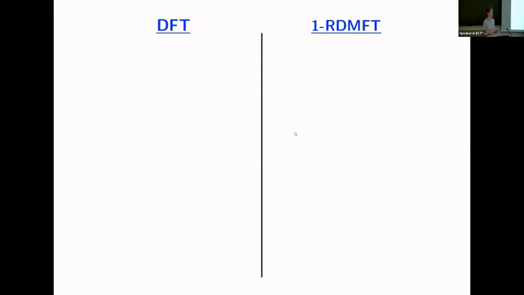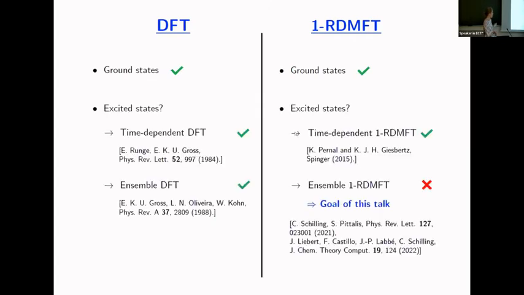So I said in the beginning that I want to talk about excited states. So let us compare the existing literature for DFT and 1-RDMFT. For ground states, of course, we have in principle a formalism for both, with advantages and disadvantages on both sides. Now for excited states, in the case of DFT, there are basically two different approaches. The first one is time-dependent DFT, and the second one is ensemble DFT.